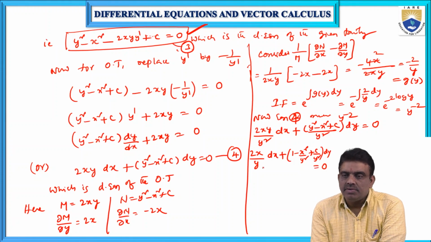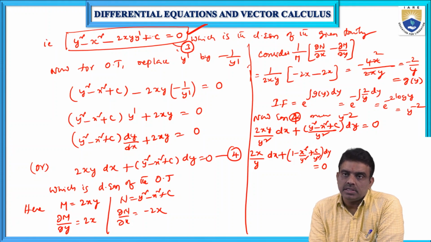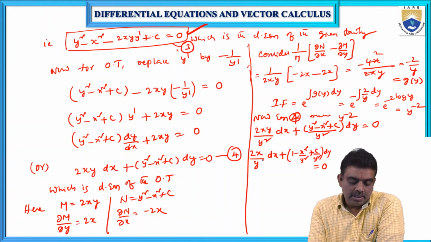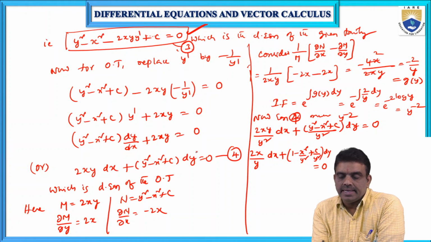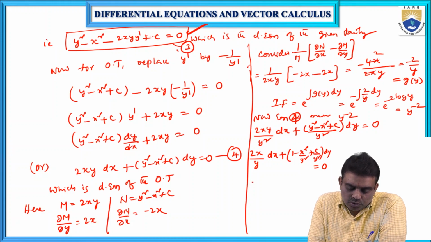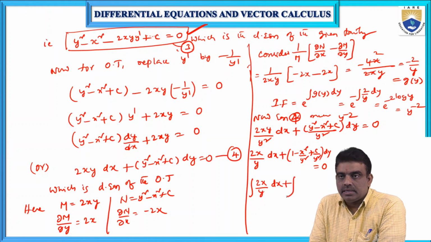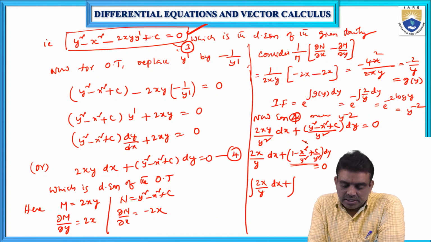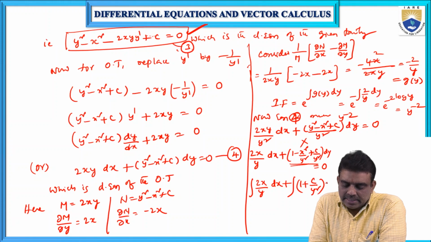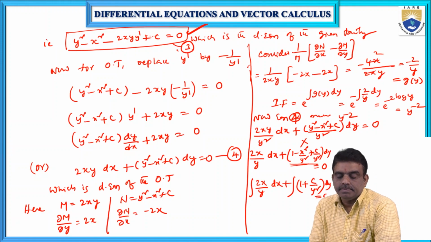Now it is an exact equation because this equation is obtained by multiplying the non-exact equation with the integrating factor. What is the solution? The solution will be integral 2x by y dx, treating y constant, plus integral of the terms of N not containing x terms. This has to be eliminated. So 1 plus c by y square is to be considered dy is equal to c.